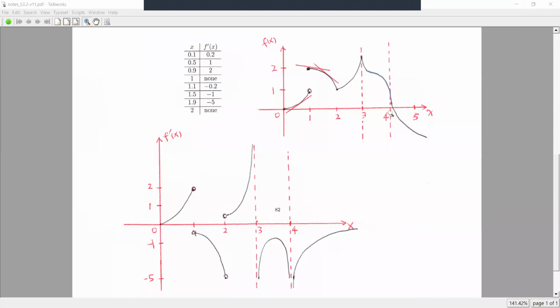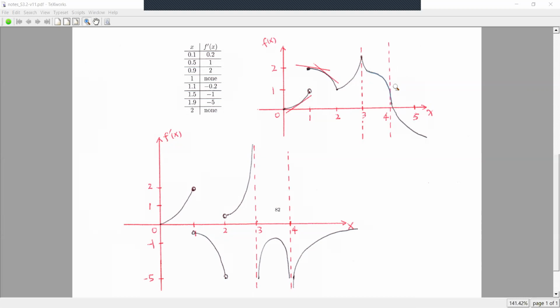At point 4, this vertical line is a tangent line to the graph of the function. So at point 4, slope is infinity. When x is close to the point 4, the tangent line is very, very steep. So derivative is very large, but negative.